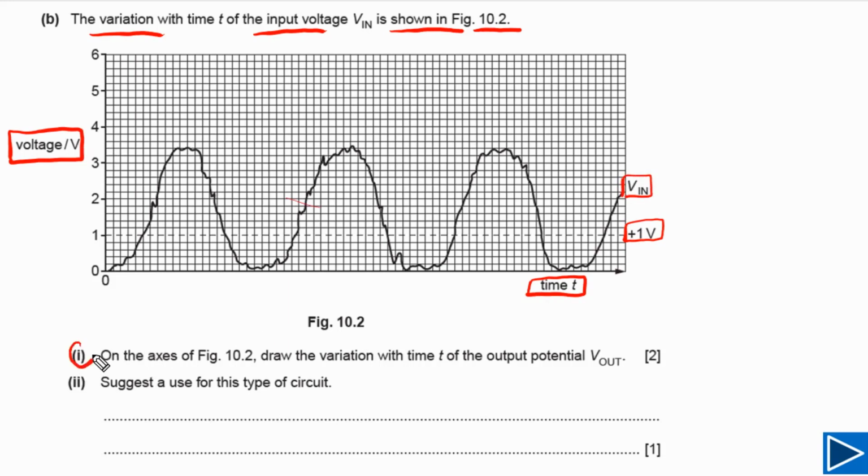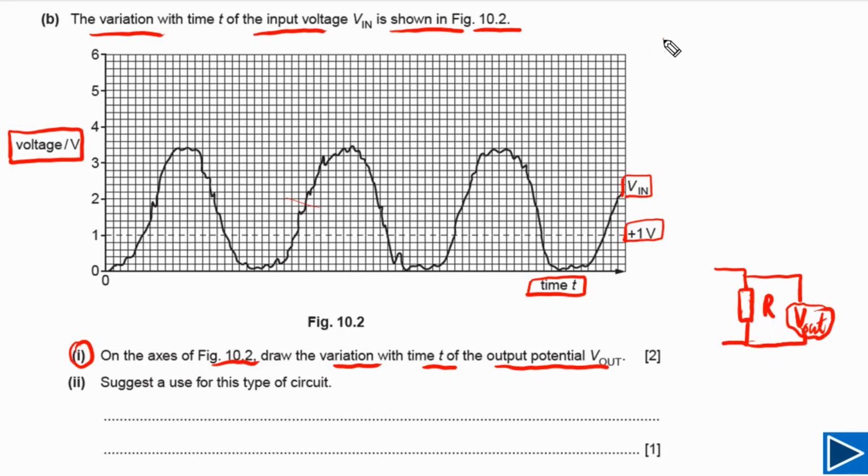And the question is simply asking us, on figure 10.2, to draw the variation with time t of the output potential V out. Actually, this output potential is simply the potential difference across the resistor. If you go back and check, you will see there is one resistor and here was written V out, meaning this is the potential difference across this resistor.